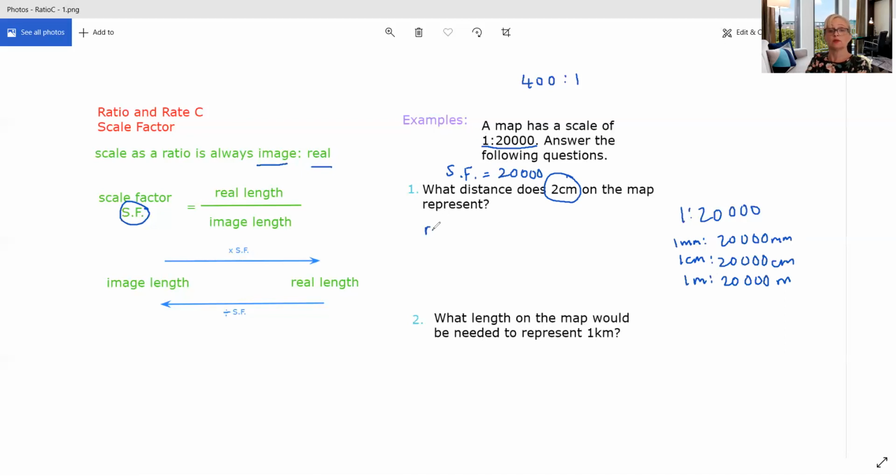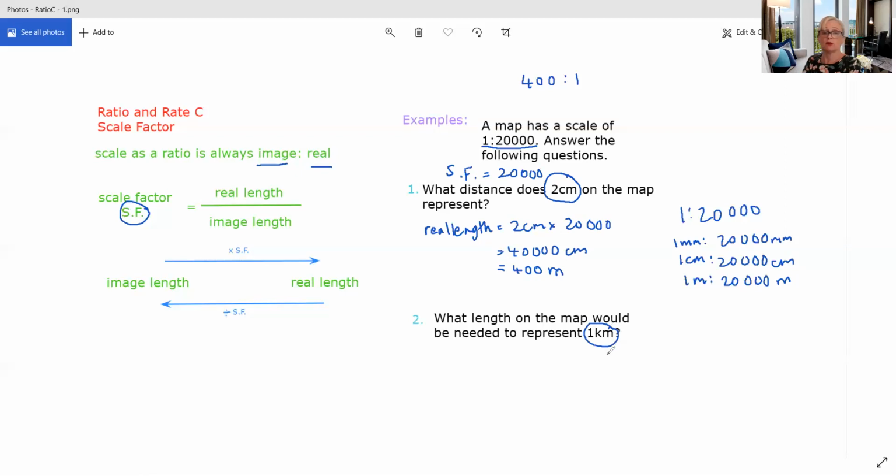So the real length here is going to be 2 centimetres times 20,000, which is 40,000 centimetres. Now, it's not a good idea to leave it like that. So let's change it to metres by dividing by 100. So we have 400 metres. And I'd probably be inclined to leave it like that. You could put 0.4 of a kilometre if you really must. I certainly wouldn't leave it in centimetres.